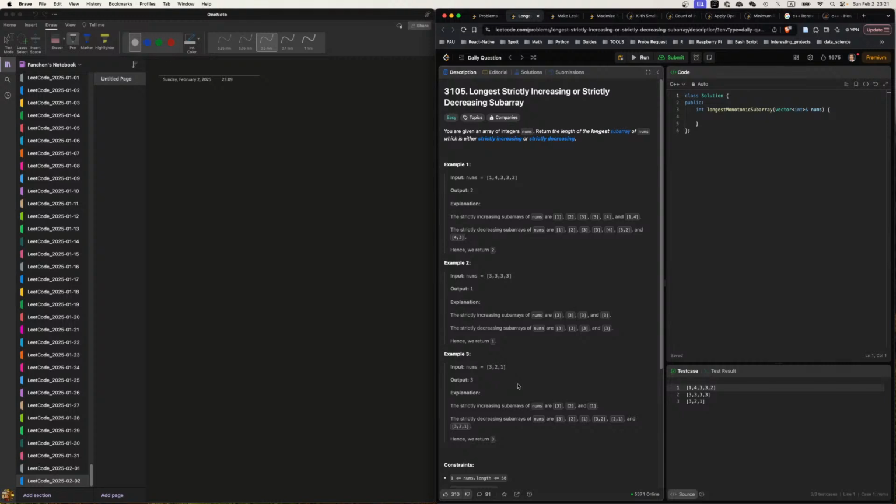So basically, when you start, if it's increasing, then previous is... Oh, we set a really high value. Yeah, it doesn't really work.